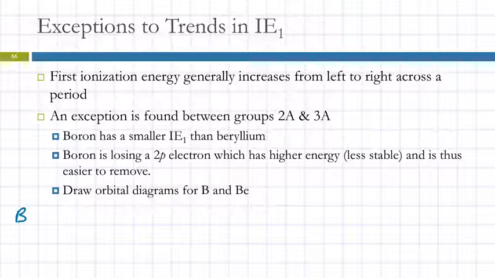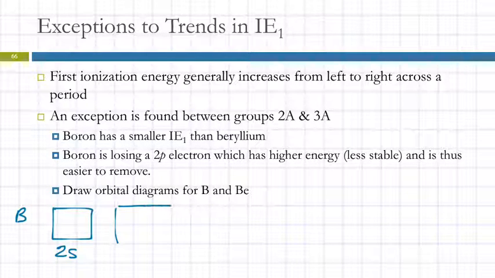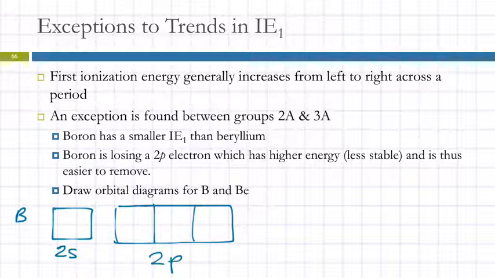So for boron, we're just going to look at the valence shell. Boron is going to have 2s and 2p. And it's got how many valence electrons? 3. So there's going to be 2 electrons in that 2s, and there'll be 1 here.